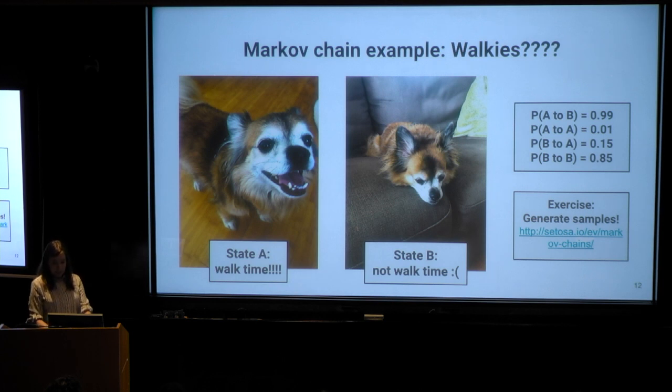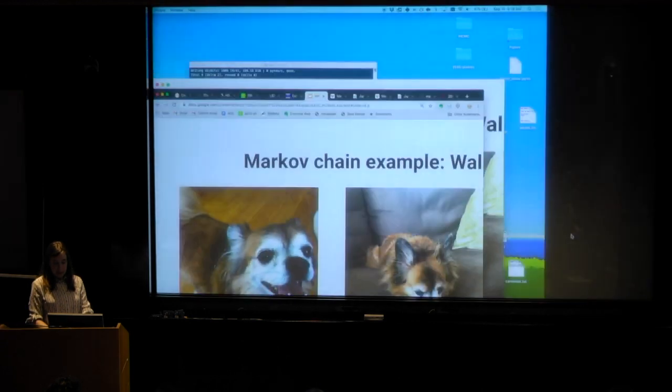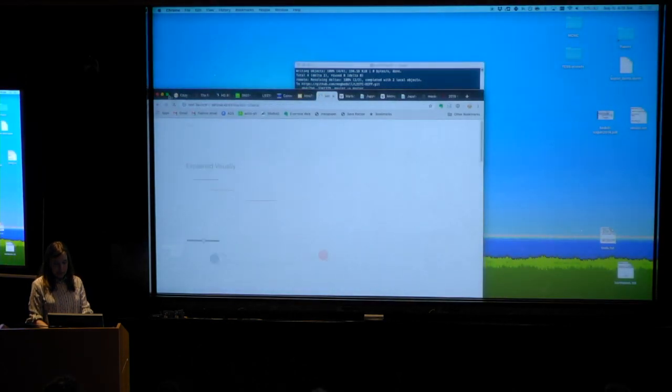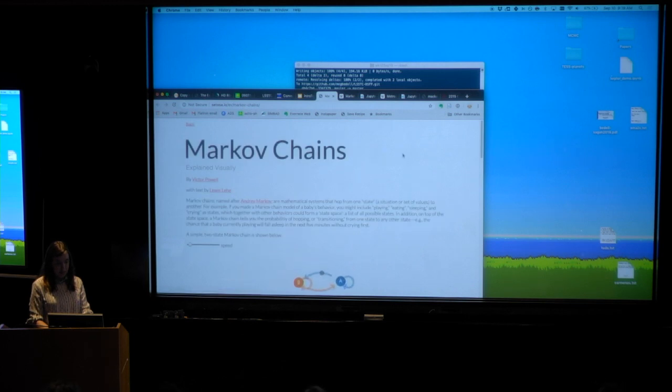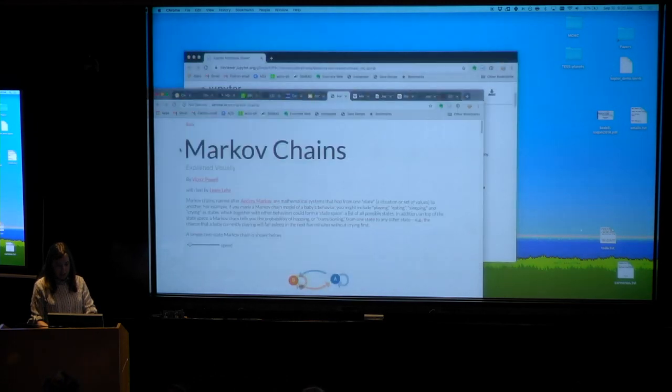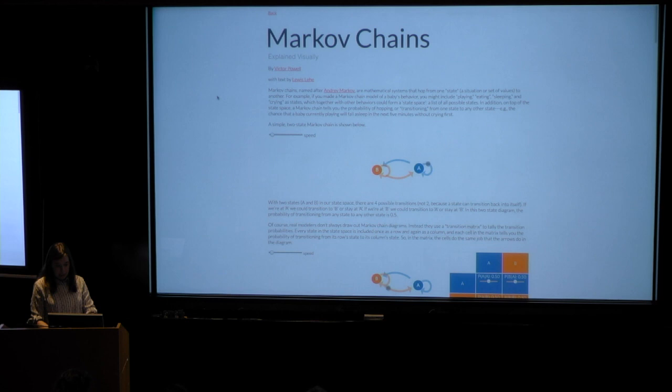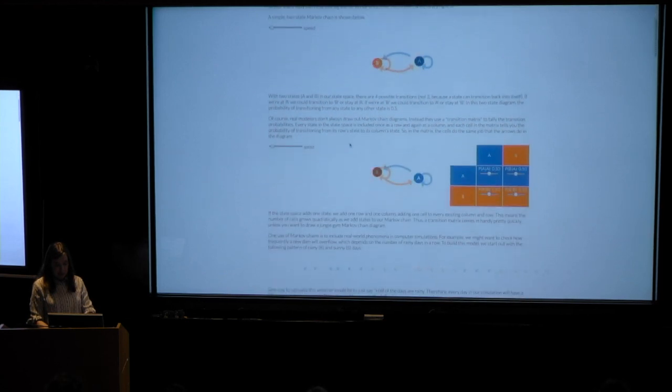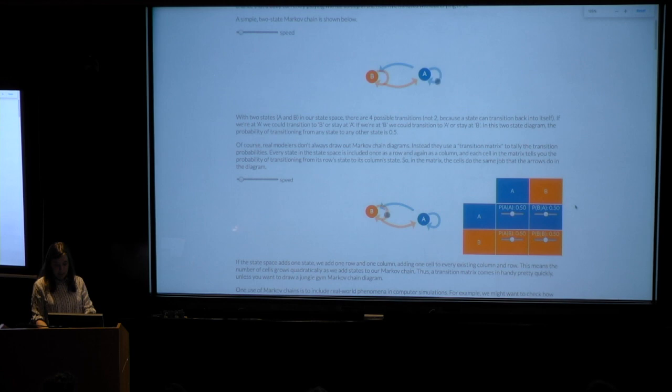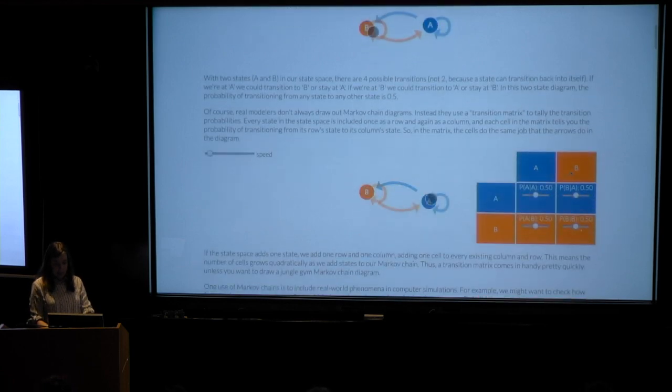And I'd like to take a little break for an exercise here, which is this website. For those of you who have laptops out, this website is a very fun demonstration of what Markov chains look like. If we go down to this example here, this is the state A, state B example that we were looking at, and you can change these probabilities.